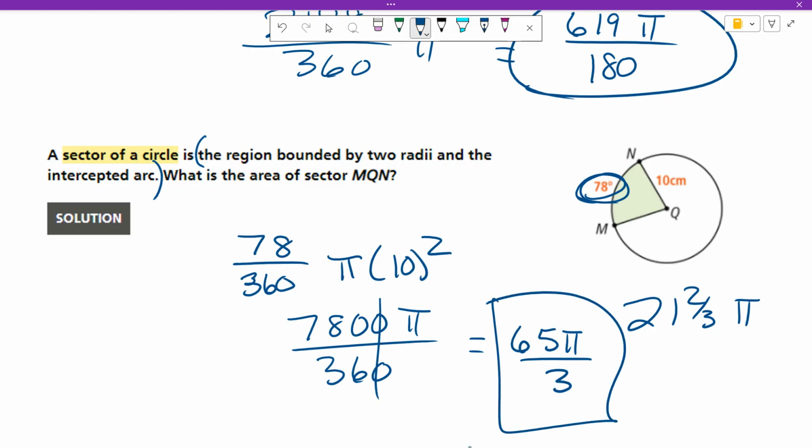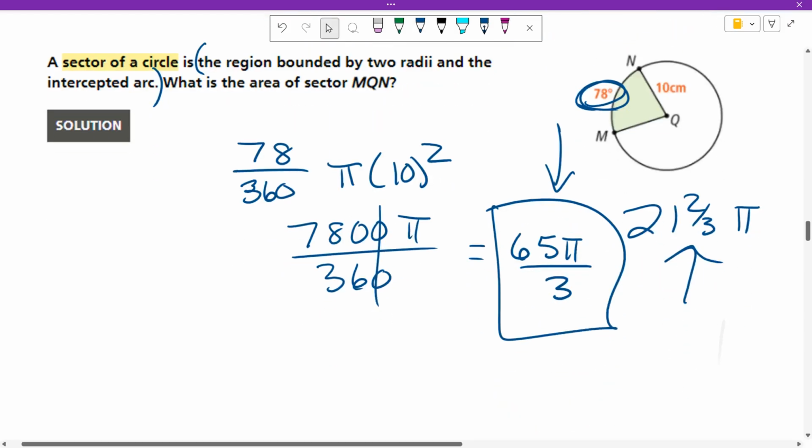Okay, 65 pi over 3. Because I don't think our Savas will let you put it in that way. But they will let you put it in as an improper fraction. So know how to turn a mixed number into an improper fraction on your calculators.